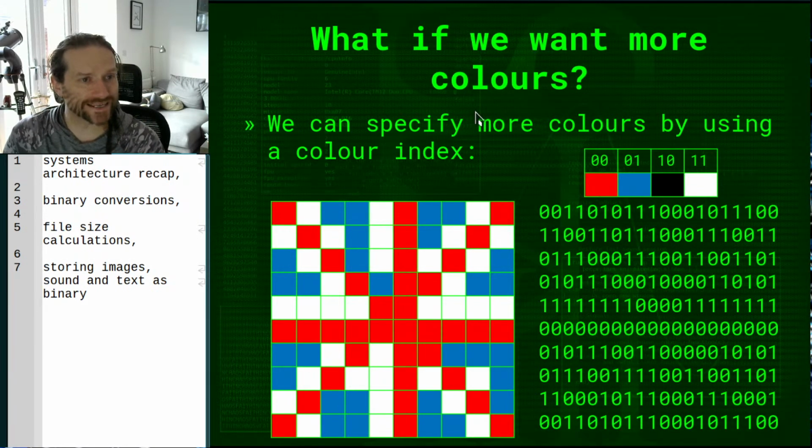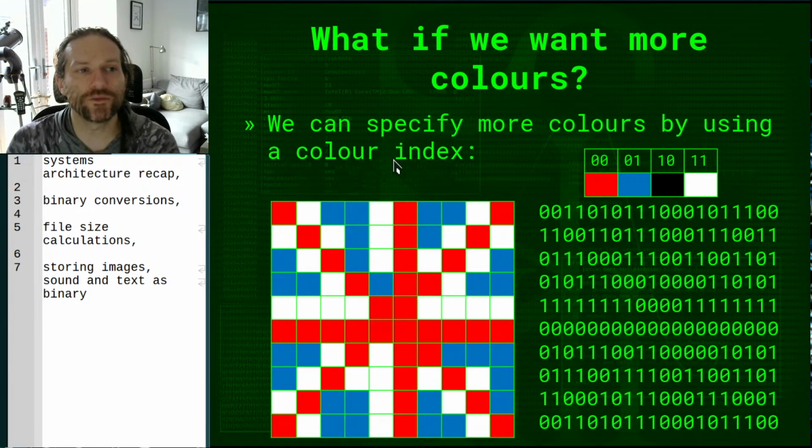A more realistic version is not having just two colors, but having multiple colors. The number of bits per pixel determines how many different colors can be in the image.